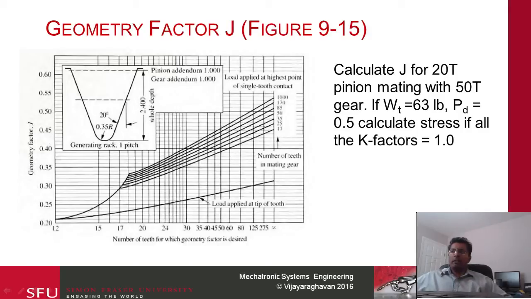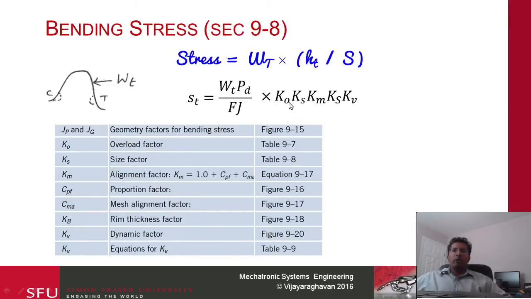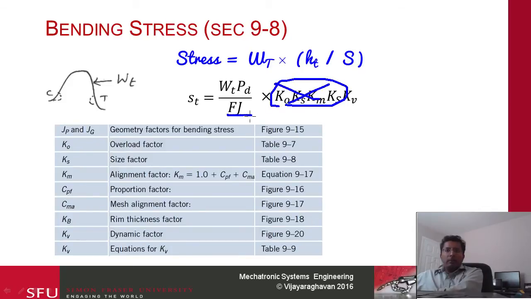This is fairly straightforward. We neglect these factors and just use this formula. We know Wt, we know Pd, we need to calculate F, and then we need to calculate J.